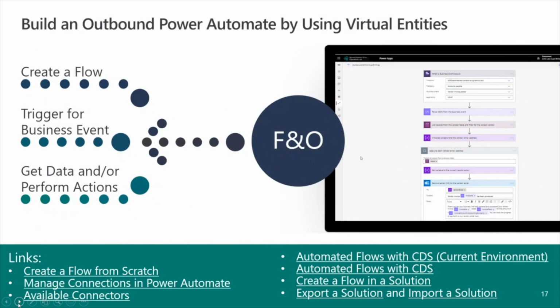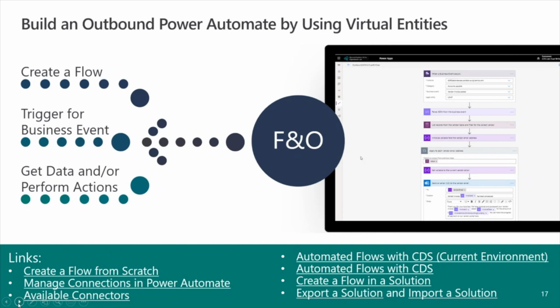For the outbound example of the Power Automate that was using virtual entities in my example, you're going to start by creating a flow, and the trigger for your flow is going to be a business event. At this point, that business event is the finance and operations business event.